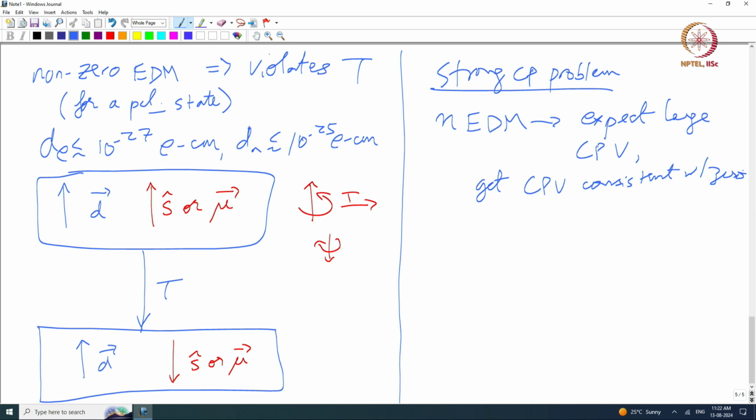So what they actually measured was not really the CP violation, they actually directly measured the time reversal property of this. And we know that under the CPT theorem, if you violate CP, then you violate T, because CPT is conserved.